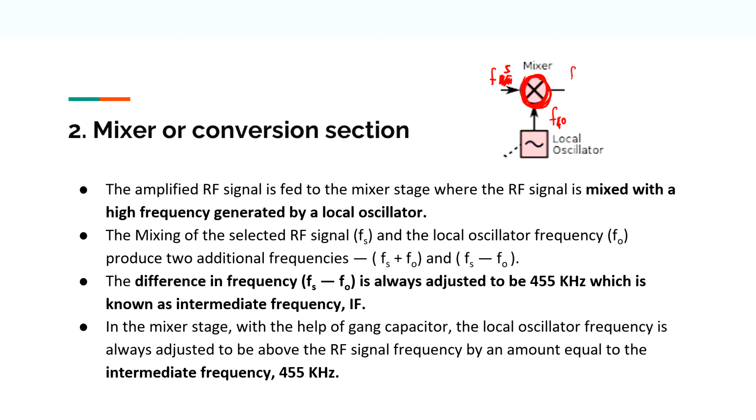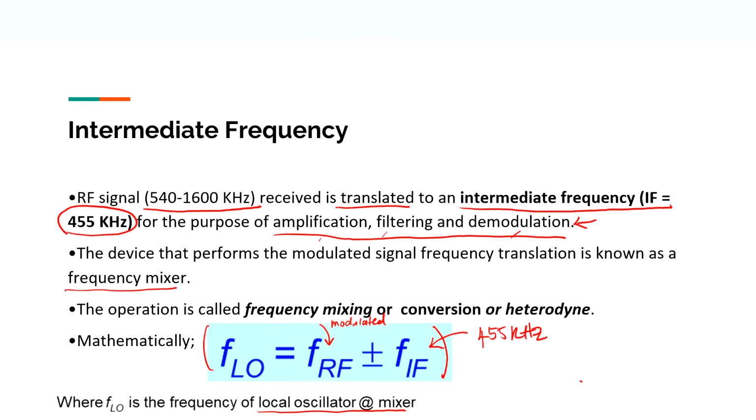So the output here is Fs plus Fo and Fs minus Fo. The difference in frequency Fs minus Fo is always adjusted to be 455 kilohertz.